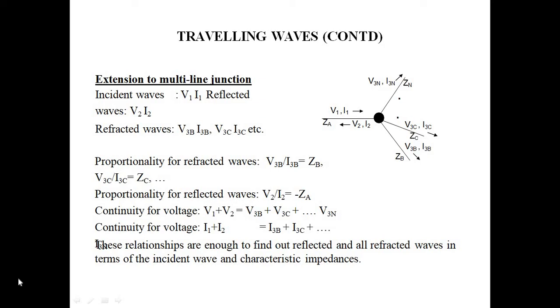Continuity for voltage: V1 plus V2 is equal to V3B plus V3C up to V3N. Continuity for current: I1 plus I2 is equal to I3B plus I3C up to I3N. These relationships are enough to find the reflected and refracted waves in terms of the incident wave and the characteristic impedances.